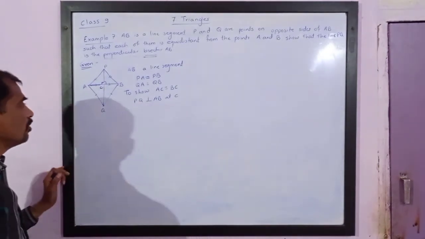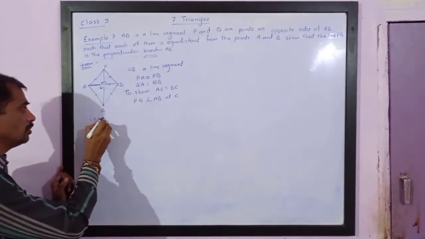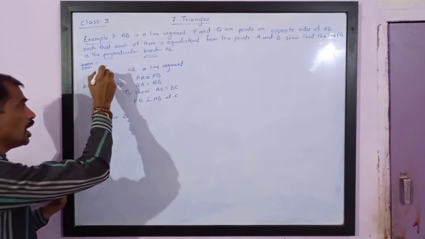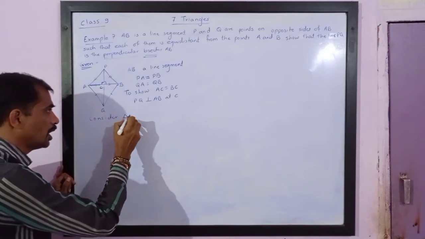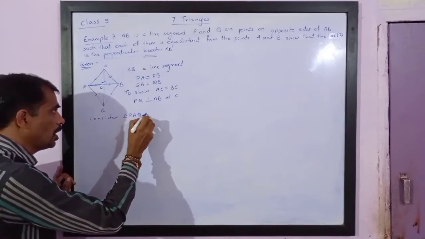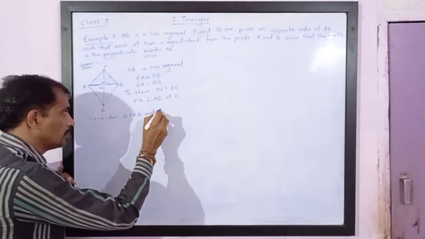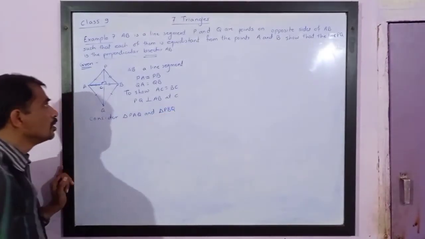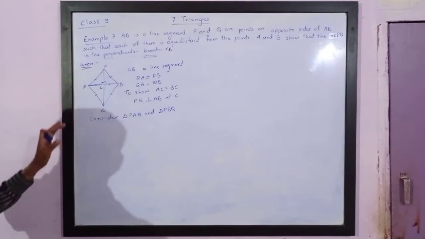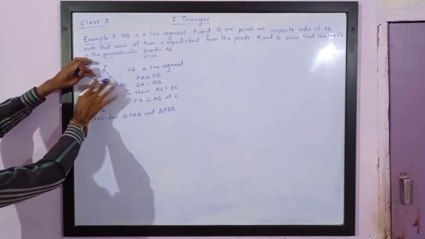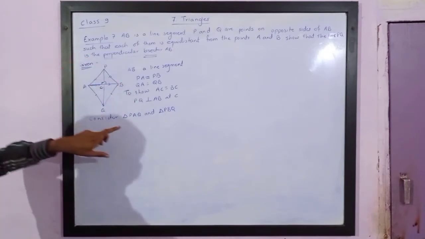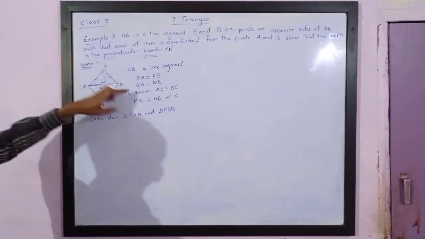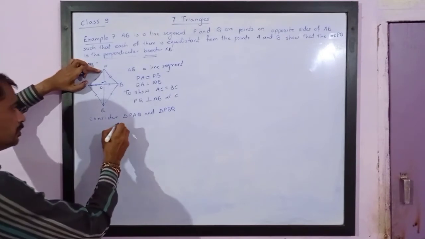So for this, what do we have to do? Consider triangle PAQ and triangle PBQ. If you consider these two triangles separately, don't look at the AB segment, only look at the triangles PAQ and PBQ. In this, we are already given PA is equal to PB.